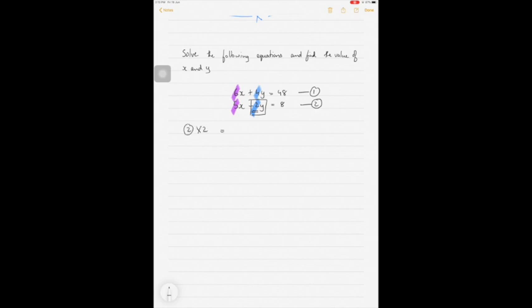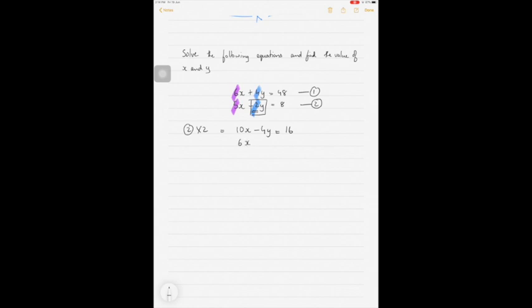So when I do equation 2 into 2, it will become 10x minus 4y is equal to 16. Correct? This is my equation. What did I do? I multiplied 2 to the whole equation.